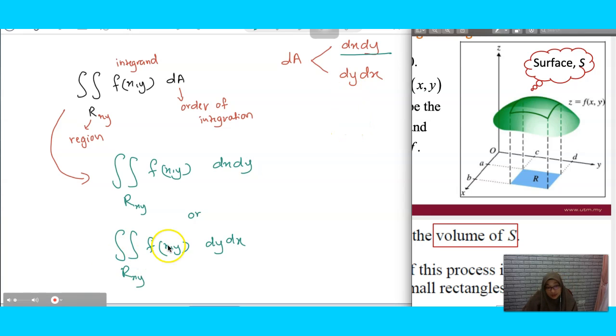Let's say you have the same integrand, and when you want to compute this, you have exactly the same shape of region on the xy plane. The result of using dx dy and using dy dx will be the same. The difference is only your order of integration.